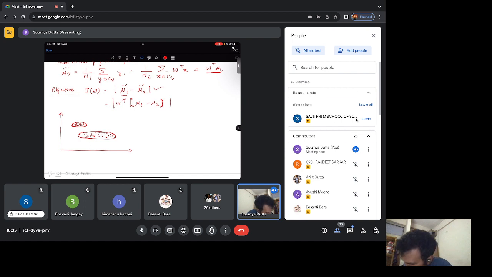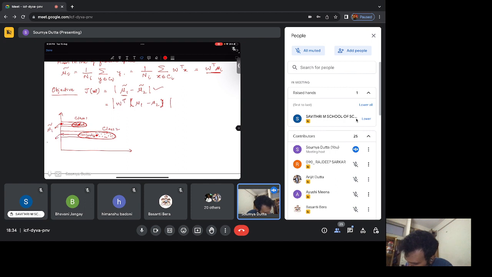On the y-axis, the mean of this distribution is somewhere here, and the mean of this distribution is somewhere here, right? So you project all these points here, and the mean gets projected here. If this is class 1 and this is class 2, this is mu1 bar. Similarly, all these points get projected here, and this mean gets projected here.